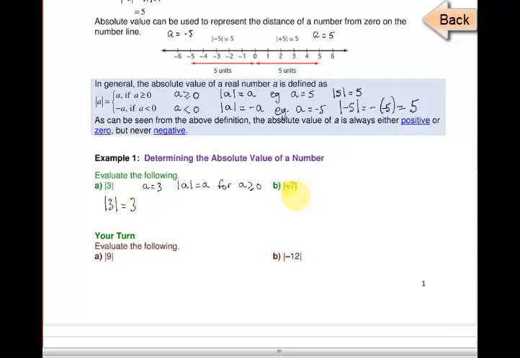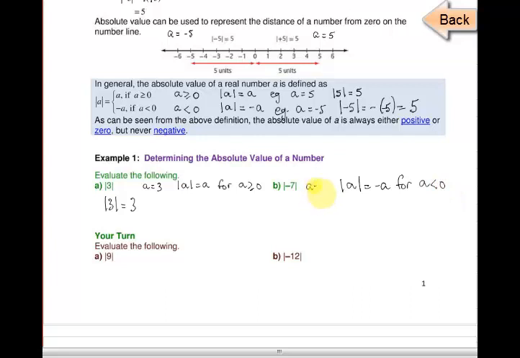Now if we want the absolute value of a negative number, let's remember that by definition, the absolute value of a is equal to negative a for a less than 0.